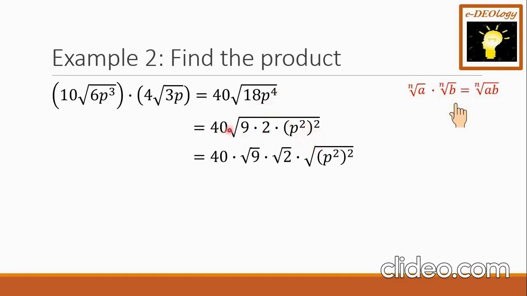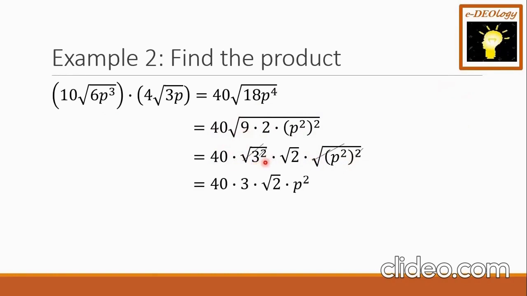After that, we're going to distribute the radical to each of the terms inside the radical symbol. So we have now, first the 40 I copied here, times the square root of 9, times the square root of 2, times the square root of p squared and again squared. The next is, we will show that 9 to be a 3 squared value.